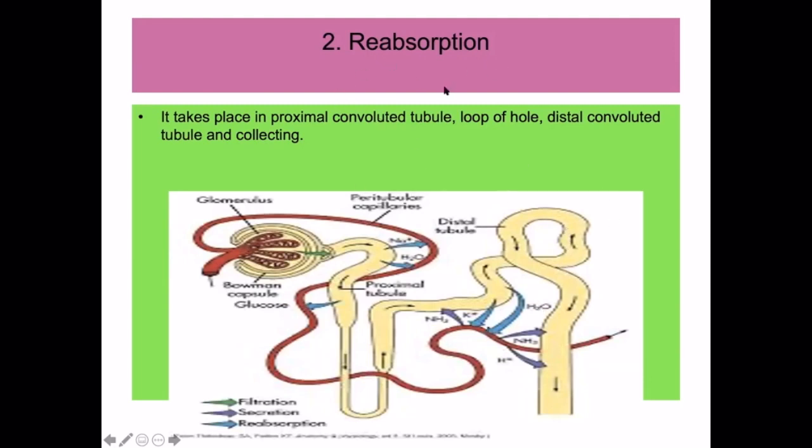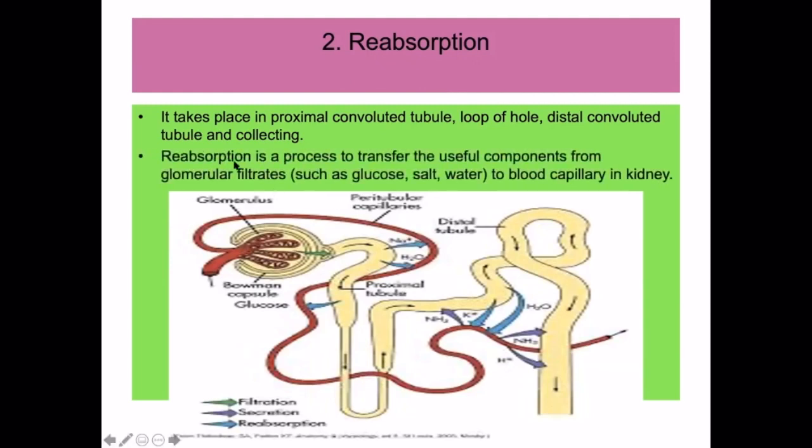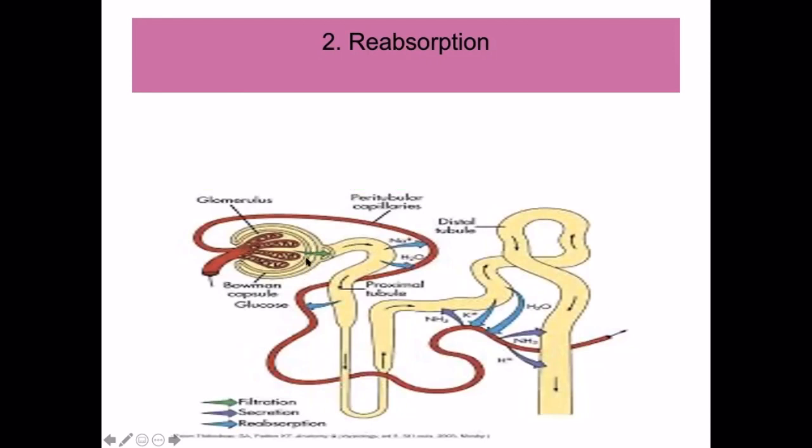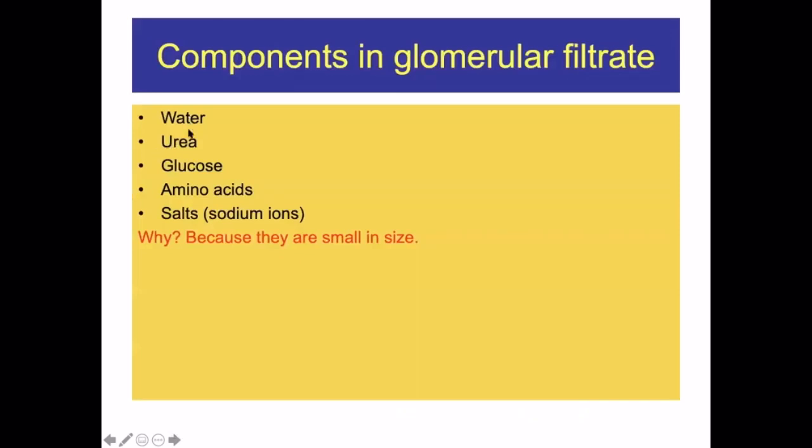Now we are going to study in detail what reabsorption means. Reabsorption is a process to transfer the useful components from the glomerular filtrate, such as glucose, salt and water, to the blood capillary in the kidney. Inside the glomerular filtrate there are a lot of things, for example water, urea, glucose, amino acid, salt.